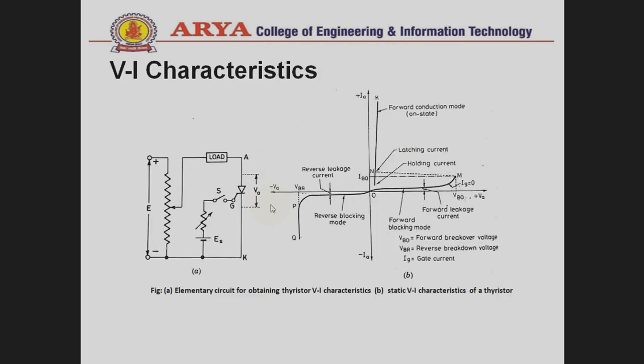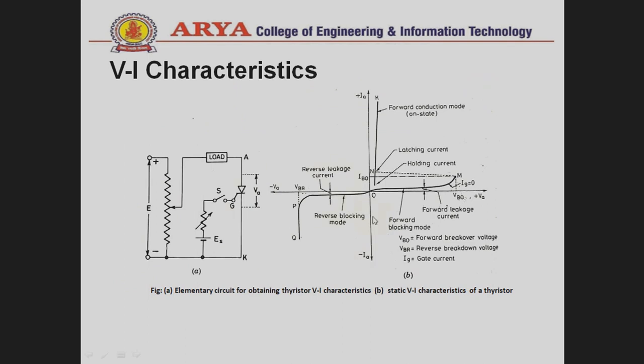Next, the VI characteristics of thyristor. The VI characteristics of thyristor can be shown in the diagram, and the working of these VI characteristics by this circuit we can explain in the working modes: reverse blocking, forward conducting and forward blocking mode.